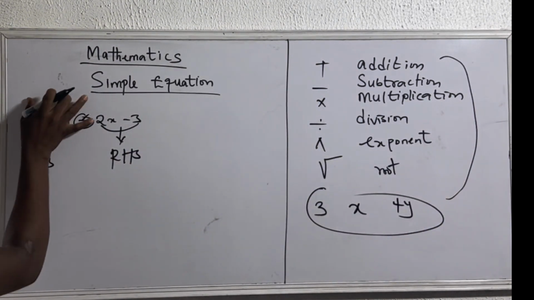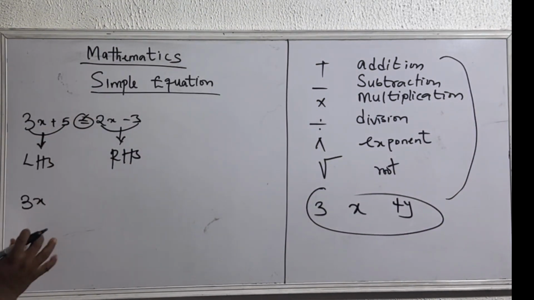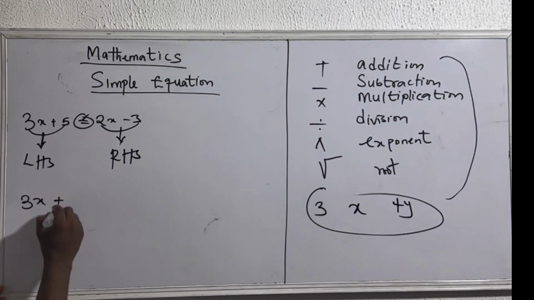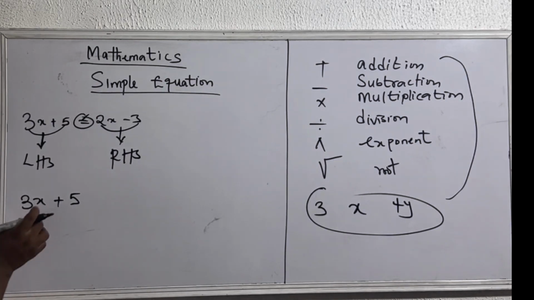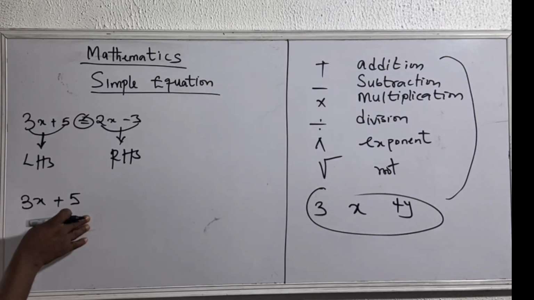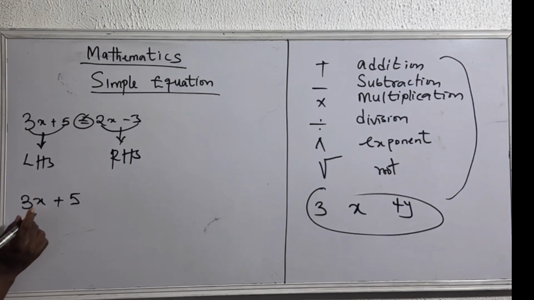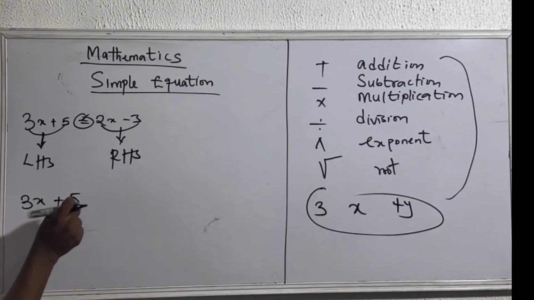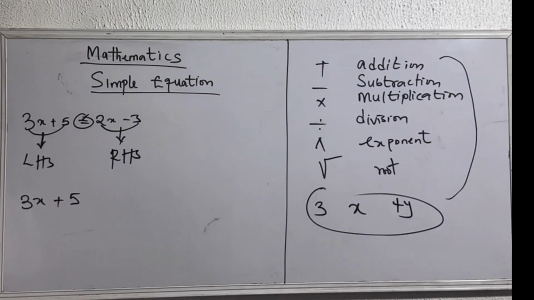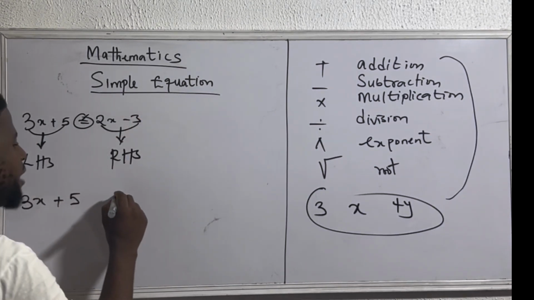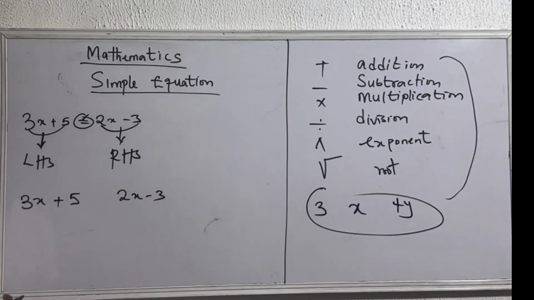Just as we have on the left-hand side, 3x is a term, plus is an operator, and we have 5, another term. So 3x plus 5 is an expression that is made up of two terms. The first term, 3x. The second term, 5. And the operator between both of them is plus. Now, on the right-hand side, we have 2x minus 3, right?